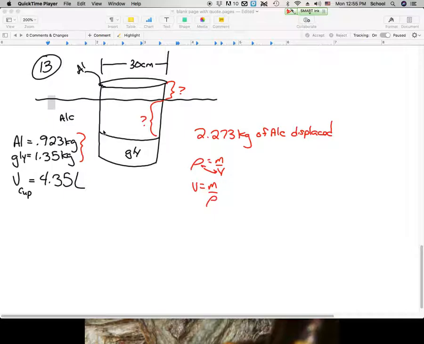So I'm going to divide by the density of alcohol, which is 0.816, and that gives me 2.79 liters, since we're in kilograms. So we have 2.79 liters of alcohol displaced.